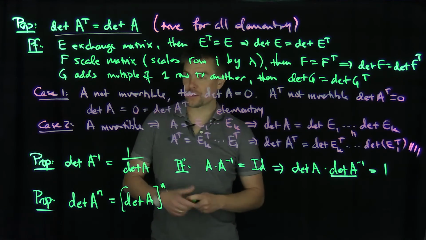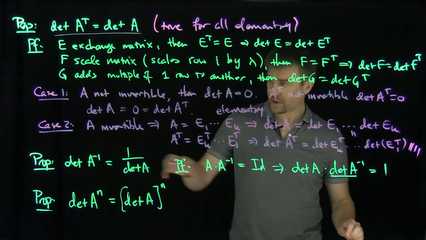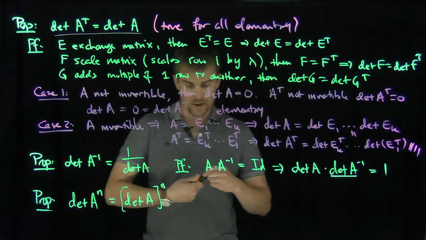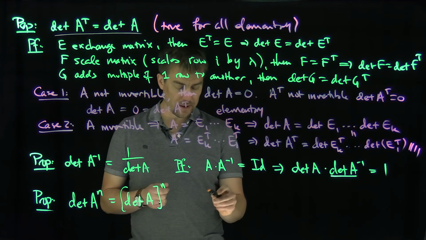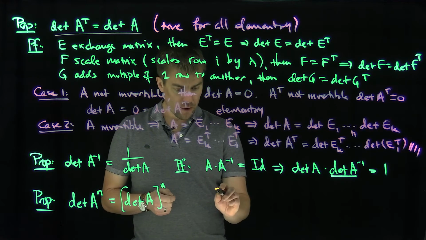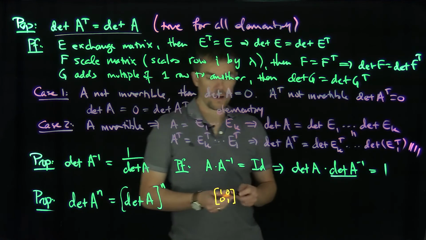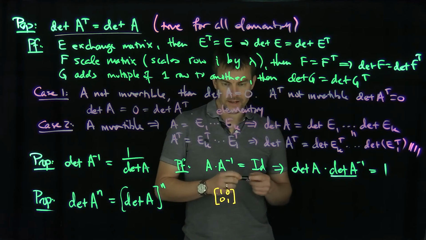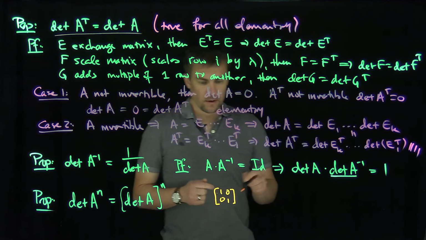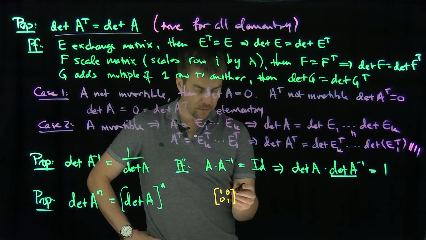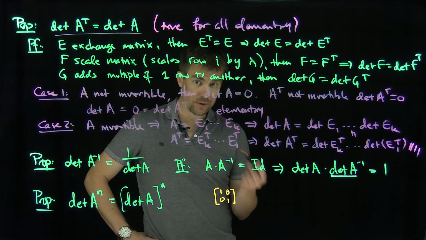Now, it bears warning that these results are true for powers and inverses and transposes, but they're not true for sums. So in general, it can be the case, if we think of a simple example like this, if I say, okay, well, this thing over here has determinant 1, right? But if we add different things to the identity, we can see that the rules for sums are not true.